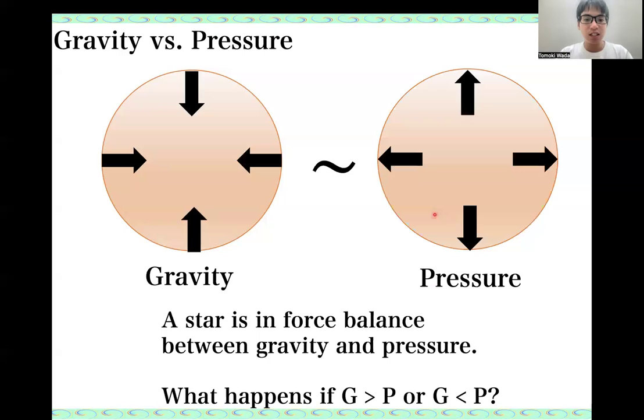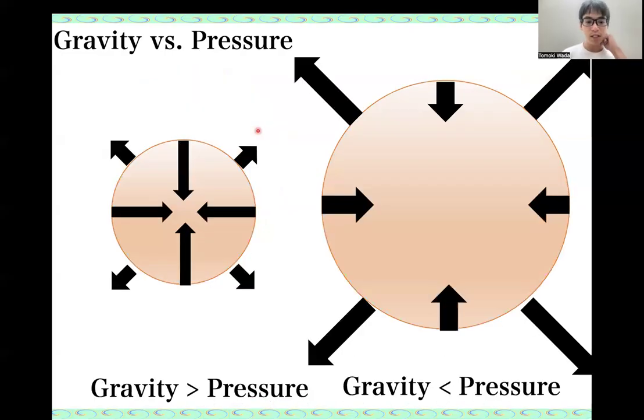Let's consider what happens if gravity is stronger than pressure or pressure is stronger than gravity. The answer is very simple. When gravity is stronger than pressure, it shrinks. And when pressure is stronger than gravity, it expands. It's not so difficult. Just consider the direction of the forces, gravity and pressure.